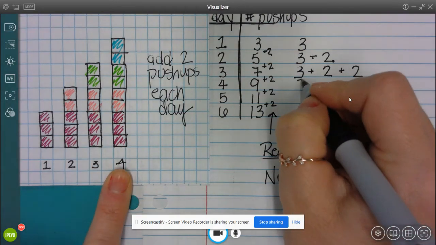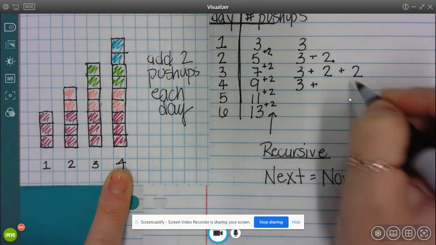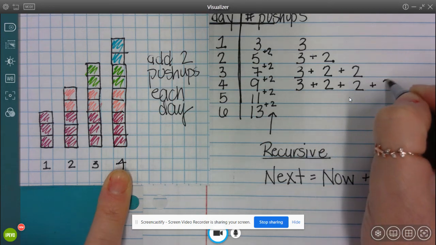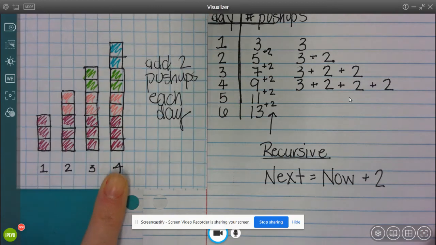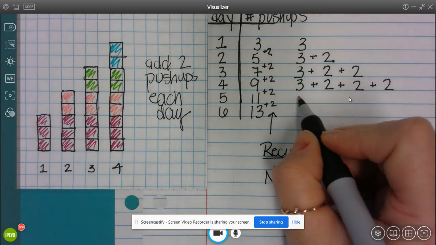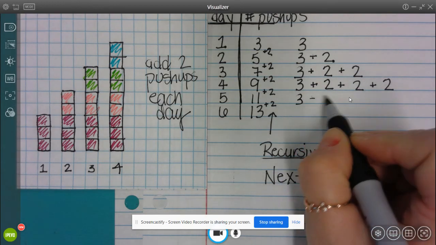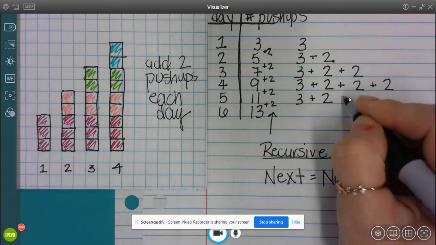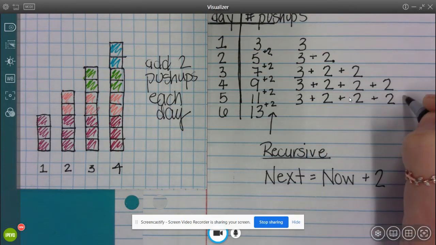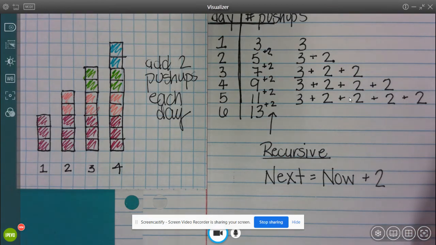Day 4, I have 3 of my pink plus my 2 orange plus my 2 green plus my 2 blue. If I wanted to continue that and think about what's happening for day 5, well, I would see my 3 pink, my 2 orange, my 2 green, my 2 blue, and then let's say I would have 2 purple.